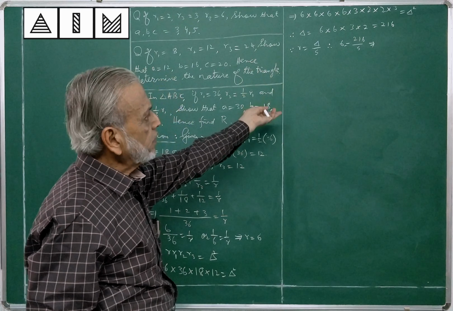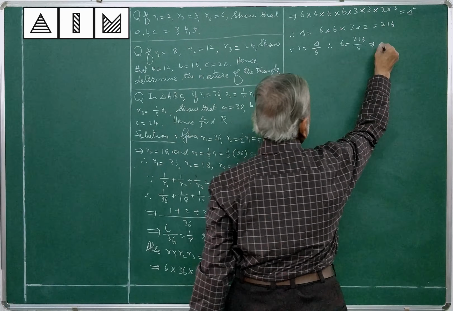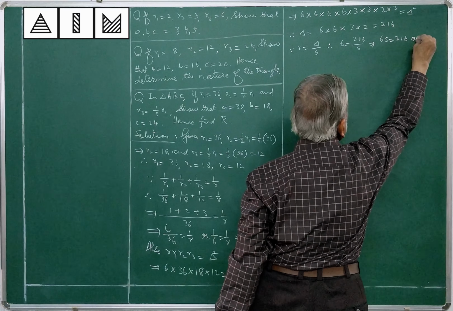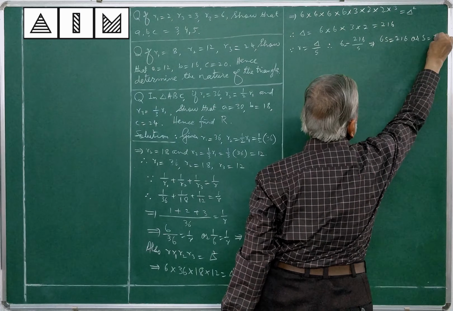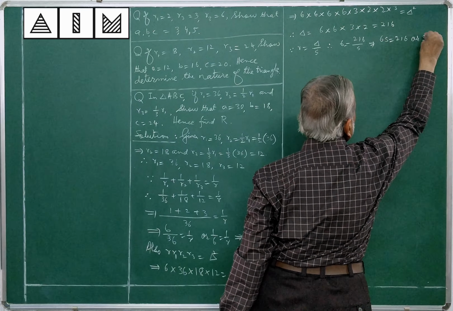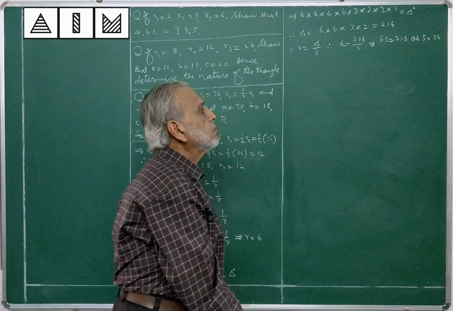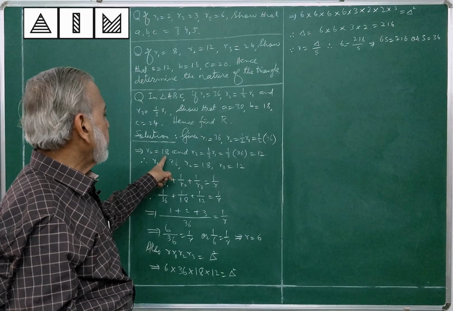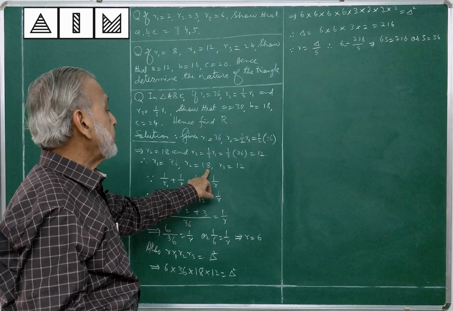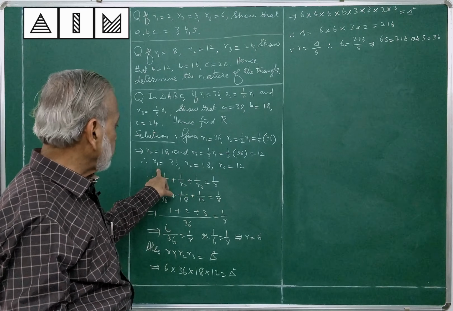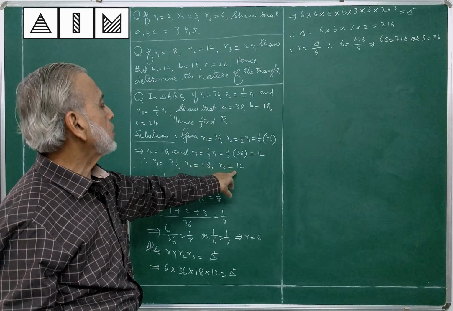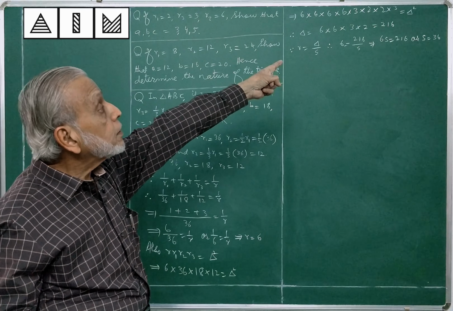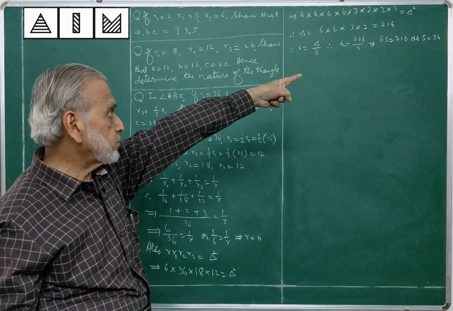R is equal to delta by S, so this is 6S is equal to 216 or S is equal to 36. Now please see here, R1 is 36, R2 is 18, R3 is 12, R is 6, delta is 216 and S is 36.